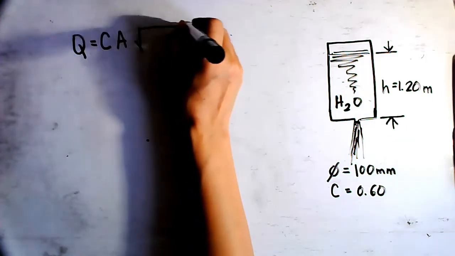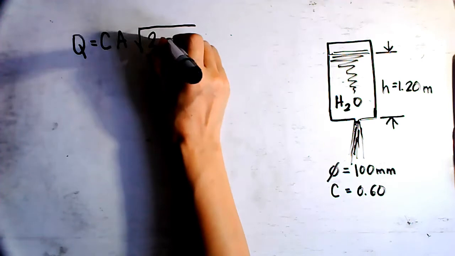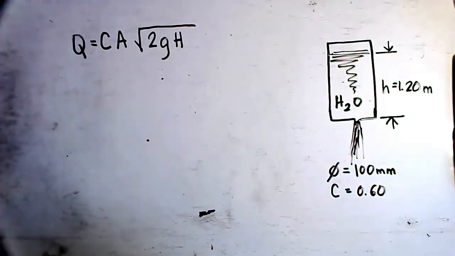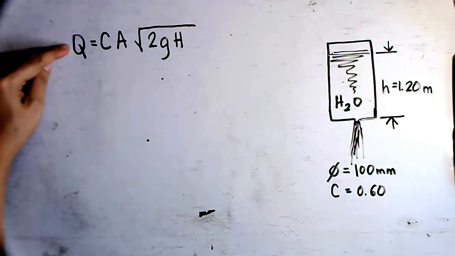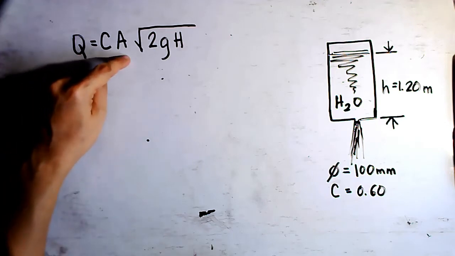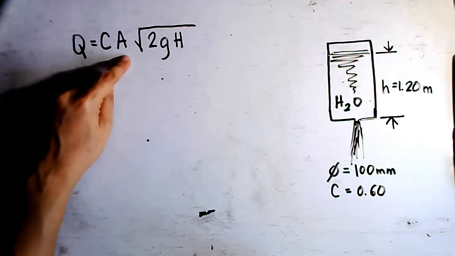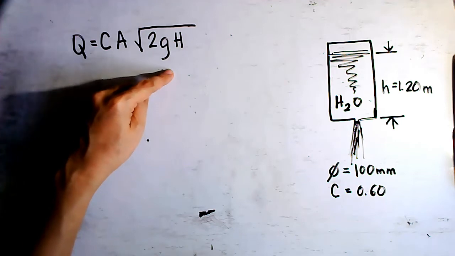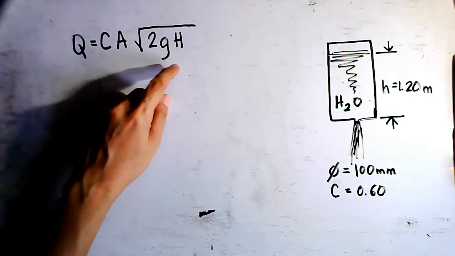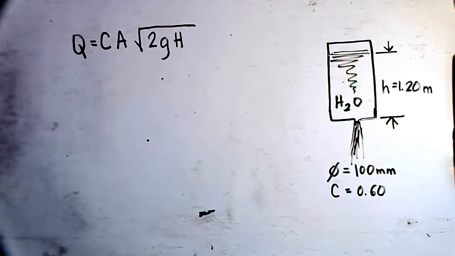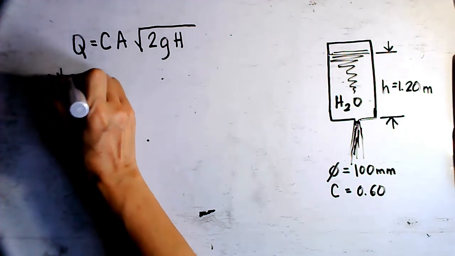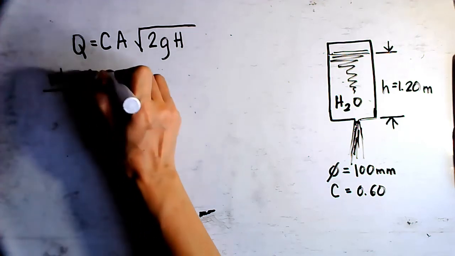Q equals C times A times square root of 2gH, wherein Q is the discharge, C is the coefficient of discharge, A is the area of the orifice, g is constant at 9.81 meters per second squared, and H is the pressure head, wherein we are going to make use of the pressure head.